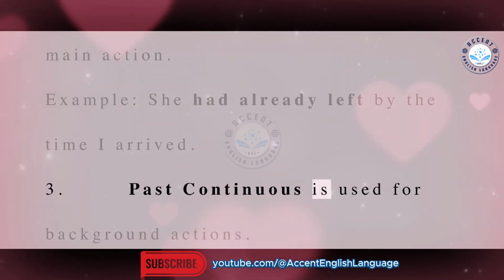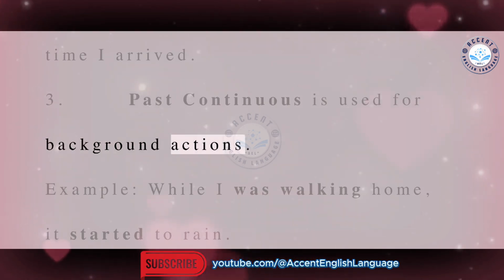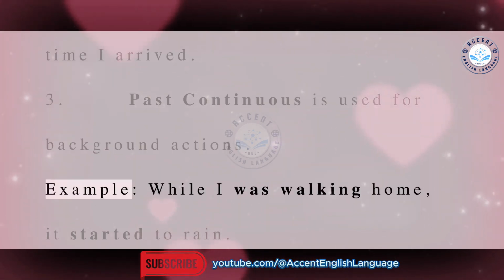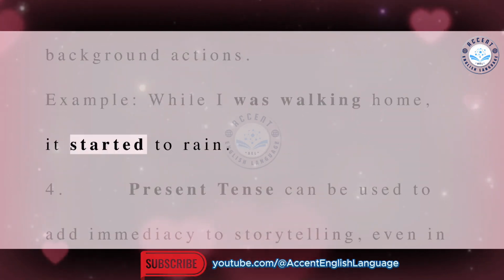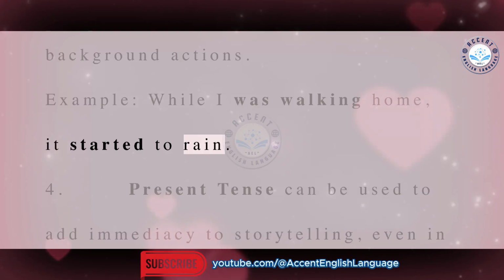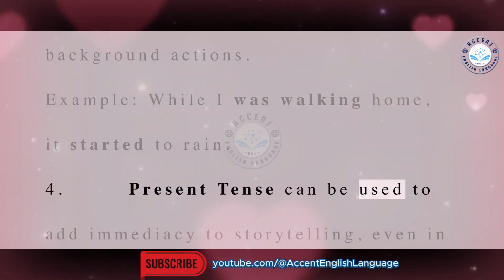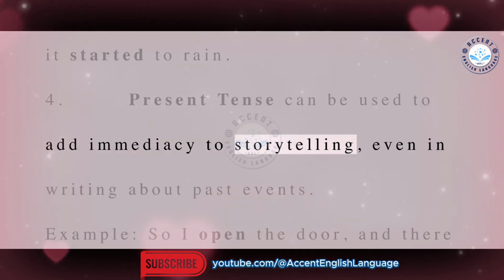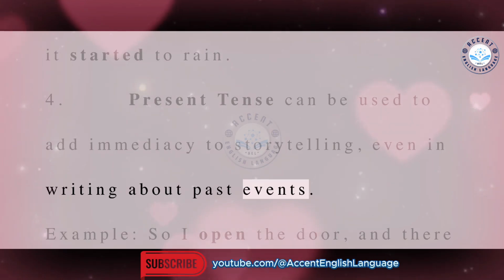Past continuous is used for background actions. Example, while I was walking home, it started to rain. 4. Present tense can be used to add immediacy to storytelling, even in writing about past events.